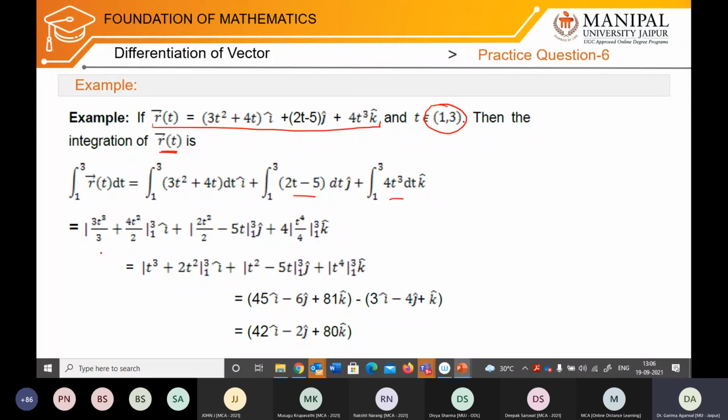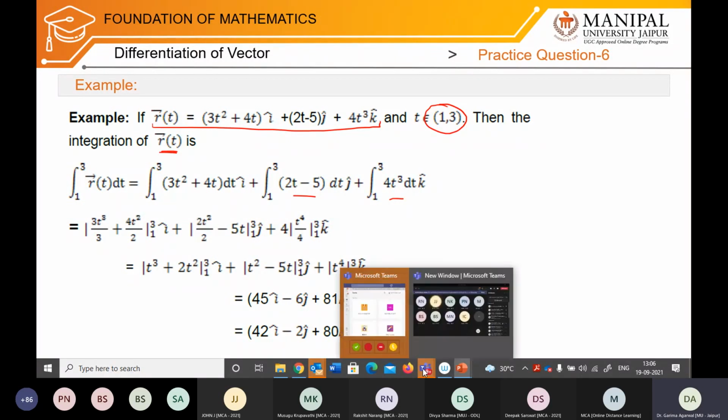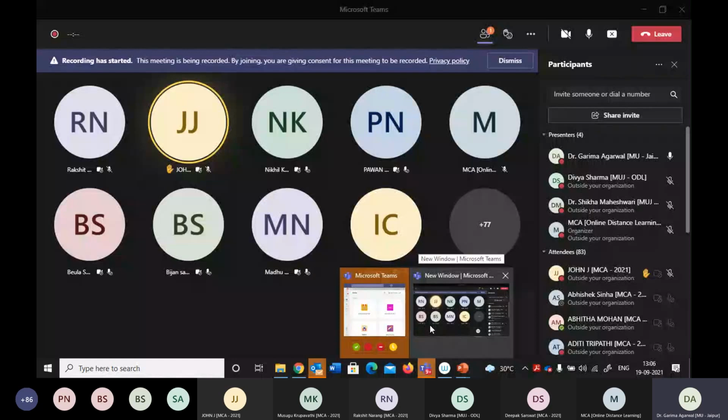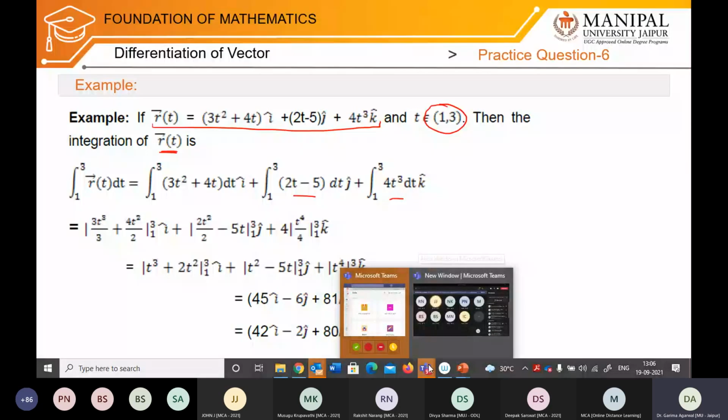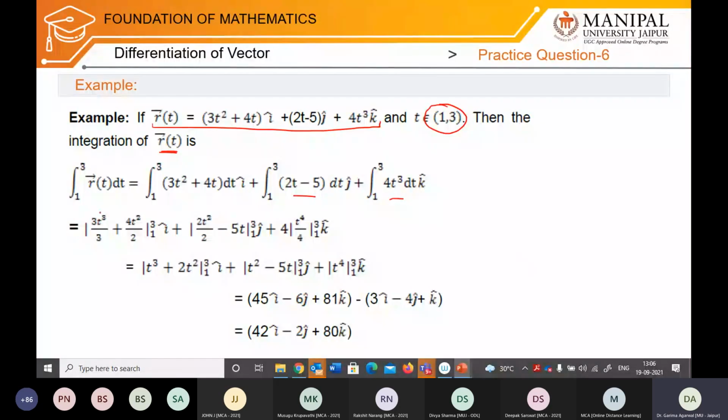Integration of 3t square is 3t cube by 3. Integration of 4t is 4t square by 2. Then we apply the upper limit minus lower limit.